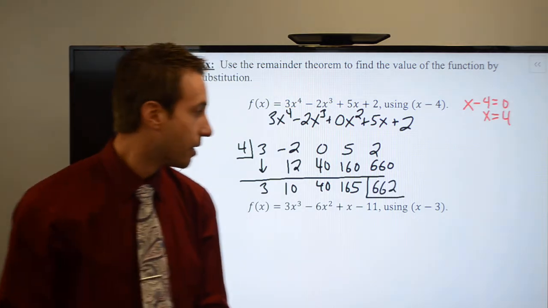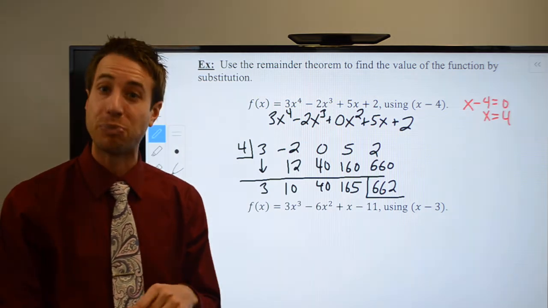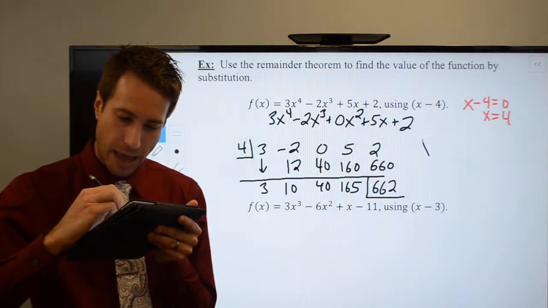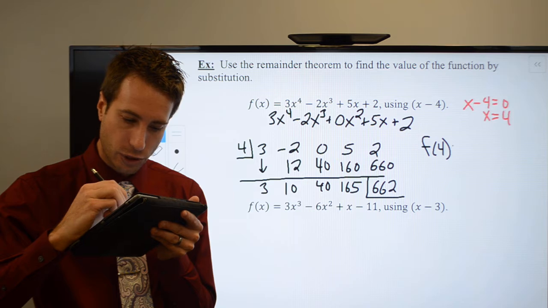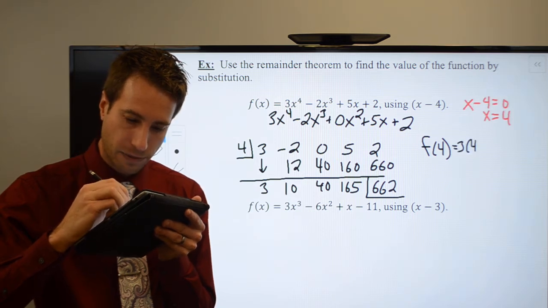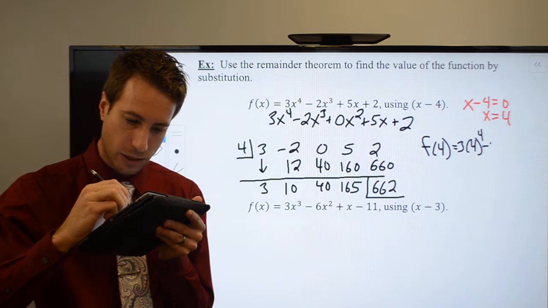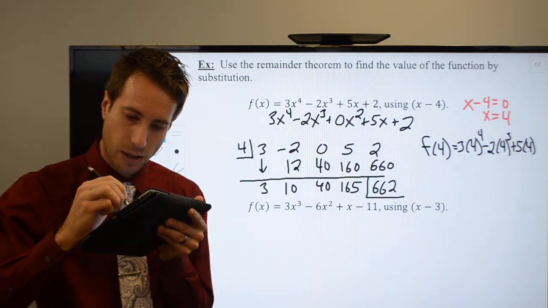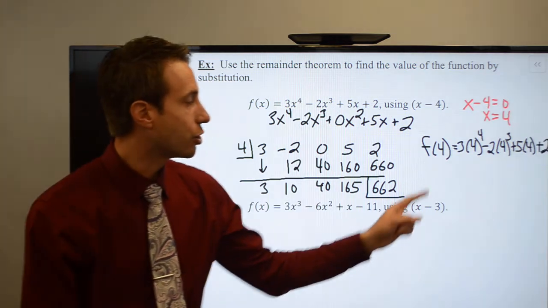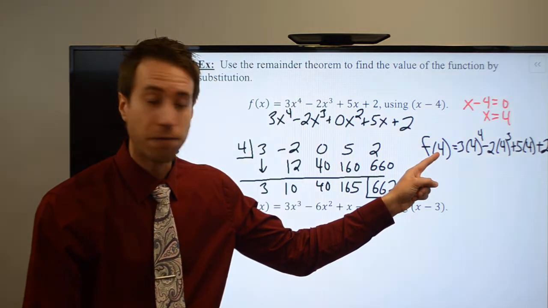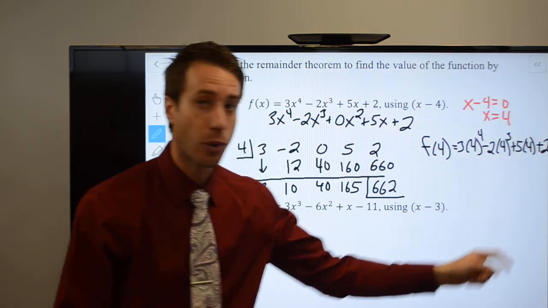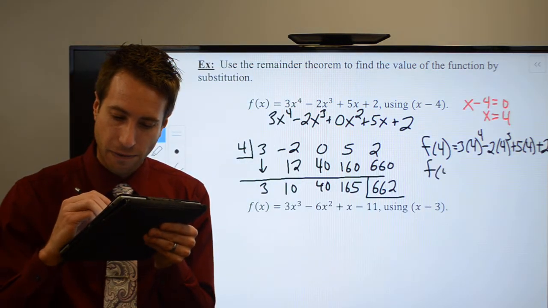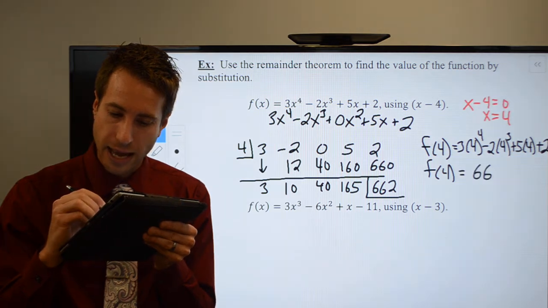Okay, so this last number is always going to be your remainder. And so here's what we've just done. If you had done f of 4, which means 3 times 4 to the 4th minus 2 times 4 to the 3rd plus 5 times 4 plus 2, if I had done substitution, where I plugged the domain value of 4 into the polynomial everywhere I had a variable, plug this into your calculator and hit enter, you would have gotten f of 4 is equal to 662.